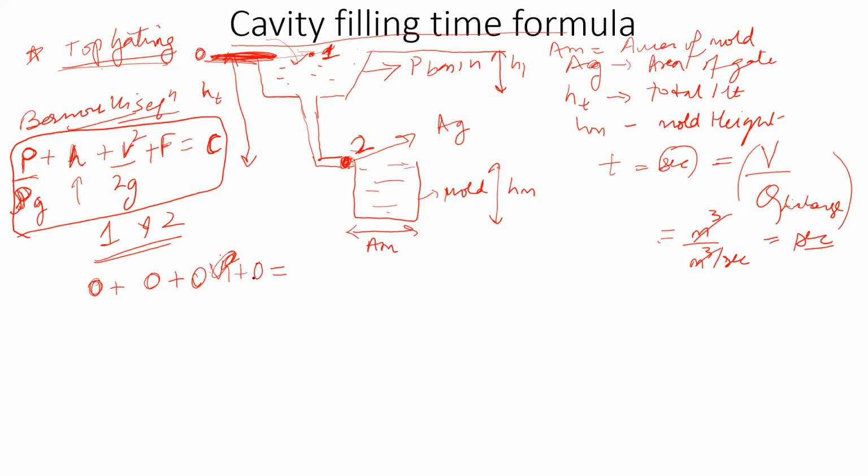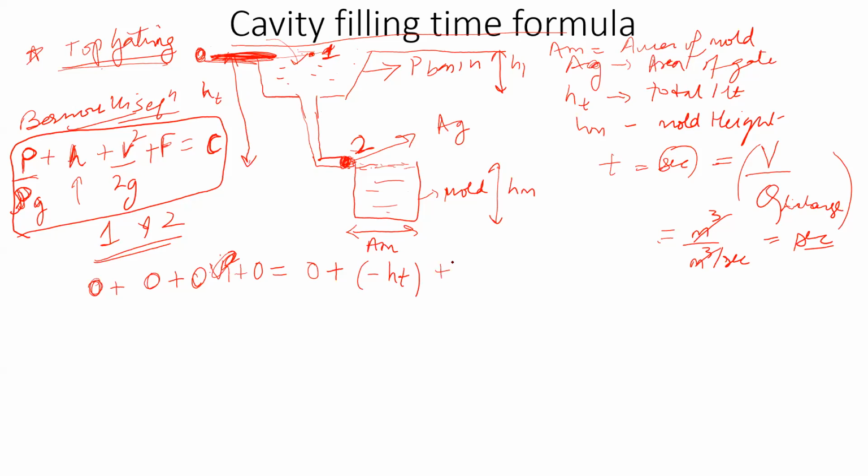What about point 2? This point is again open to the atmosphere, the gate, so pressure will be 0 here. Height will be the total height, but it will be minus ht, because we have taken 0 at point 1, so definitely at point 2 it will be minus ht.